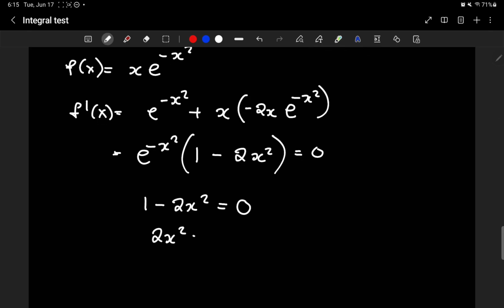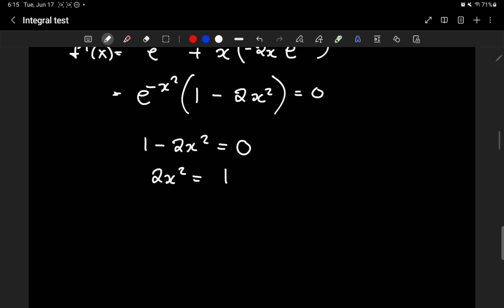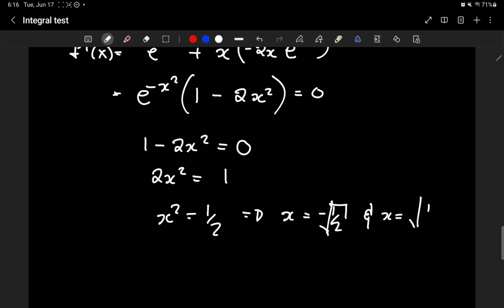So 2x squared equals 1. x squared is 1 over 2, implying that x has two values that would give a turning point. The function has a turning point when x equals negative root of 1 over 2. It also has a turning point when x equals positive root of 1 over 2.